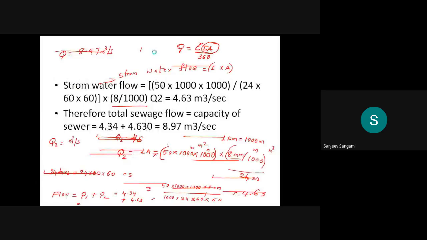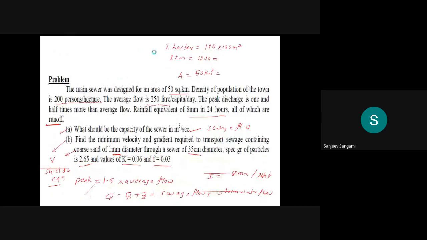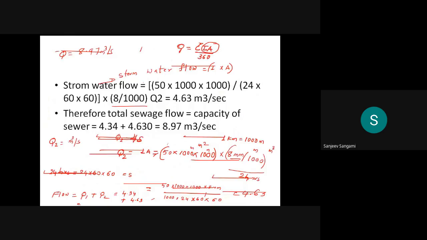Then we calculated whatever he has asked, that is Q, the first one, sewage flow. Then he has asked, using the Shields equation, we have to calculate the minimum velocity. It can be calculated with this equation. Then substitute all the values here: 8, and substitute the K value, F value, specific gravity, and S minus 1. This is acceleration due to gravity 9.81. ds is given as 1 mm.